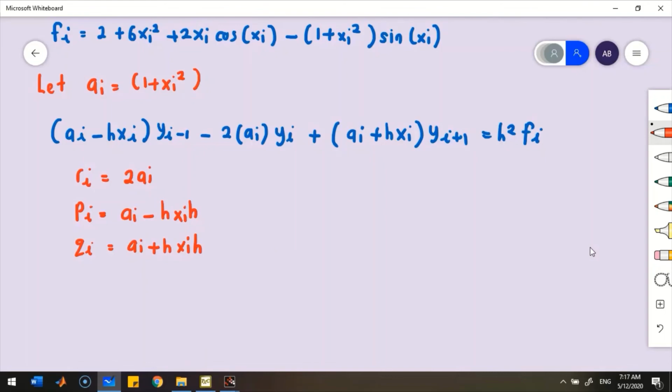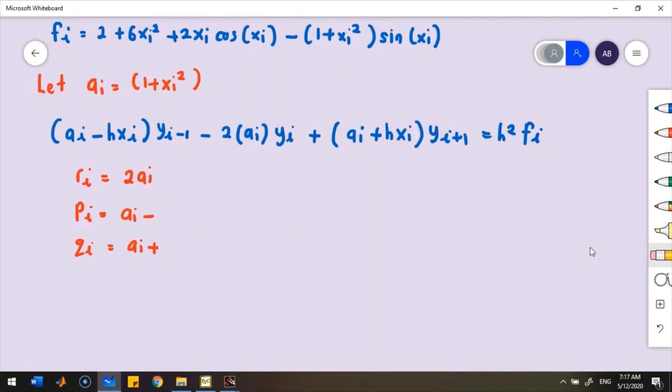What's going on here? Why do I have so many h here? Okay, so not hxi h, let me just remove this. Okay, class, please bear with me. We're going to write it in a simpler form.